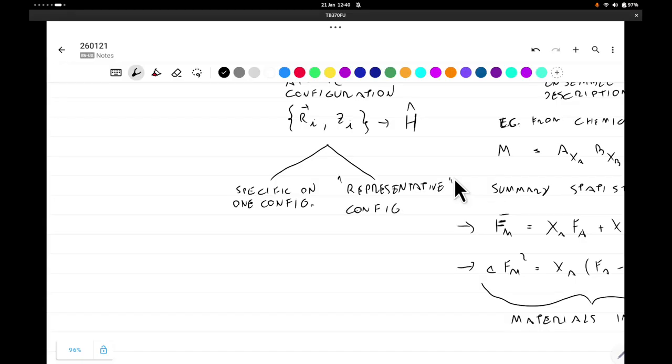So this is an extension of what I was trying to say before. You may want to have a descriptor that depends exactly on the coordinates of your atoms in the system, because you want to evaluate essentially forces and other observables that are sensitive to the exact position of the atoms.